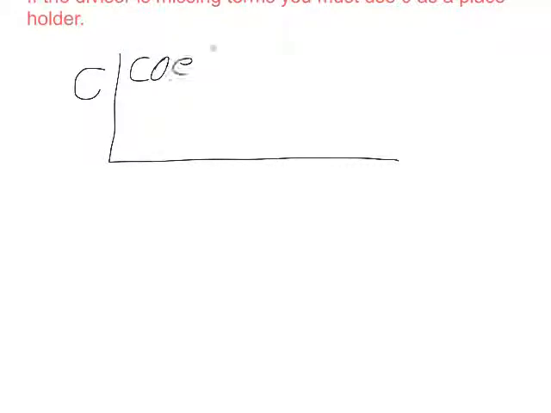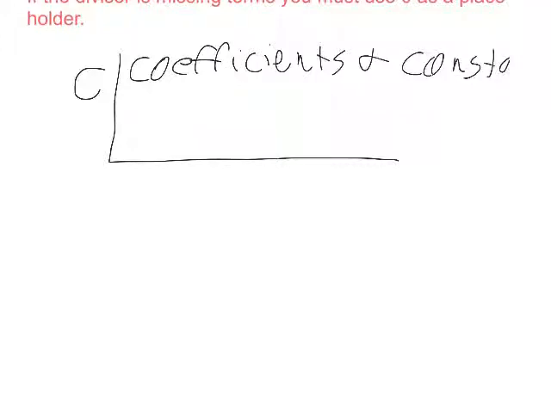You will take c, and it stays over to one side. There are a couple of different ways that you can draw the little box, or whatever you want to call it. Across from the c, across the very top of the box, you're going to put the coefficients and constant of the dividend.